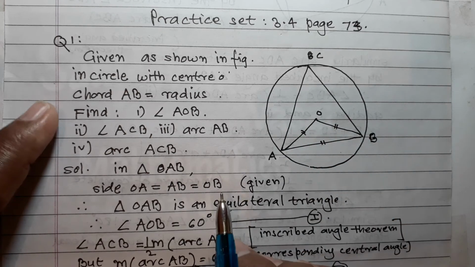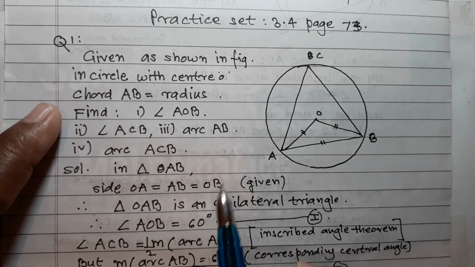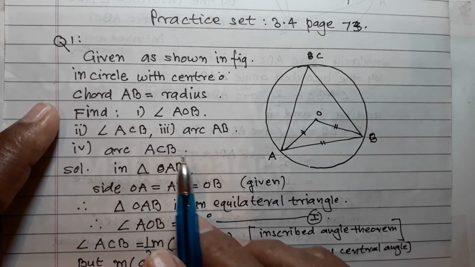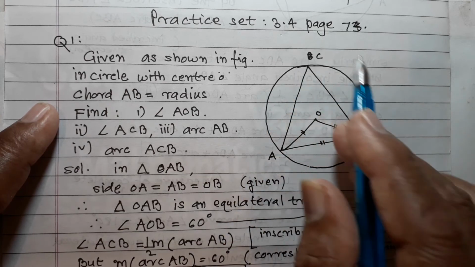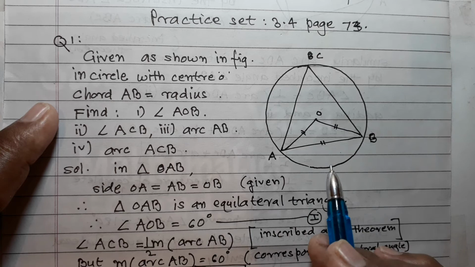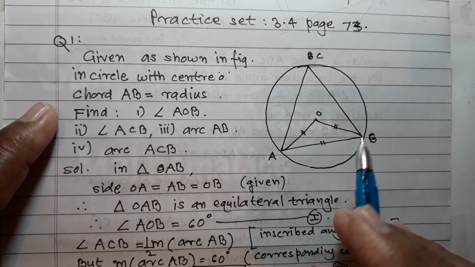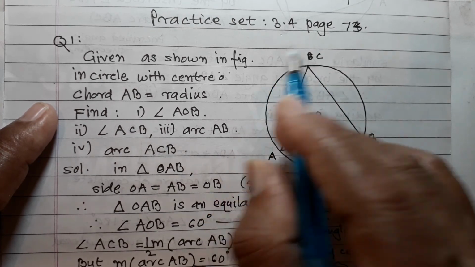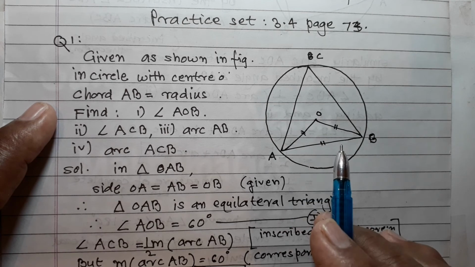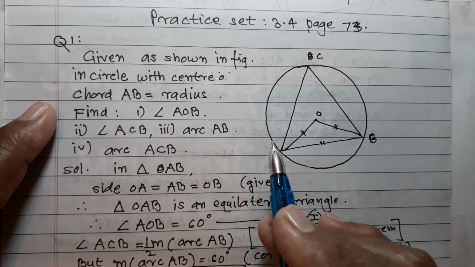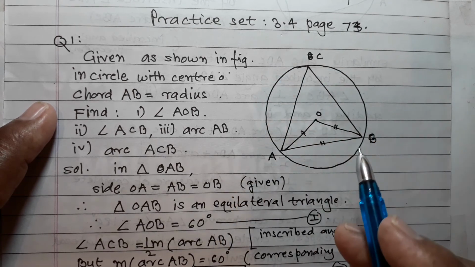Then arc ACB. Now arc ACB is this. The measure of the complete circle is equal to 360, and if you subtract this arc from that you will get the measure of this arc.